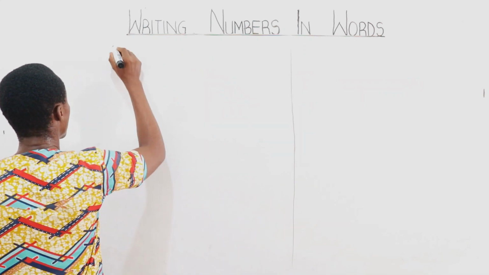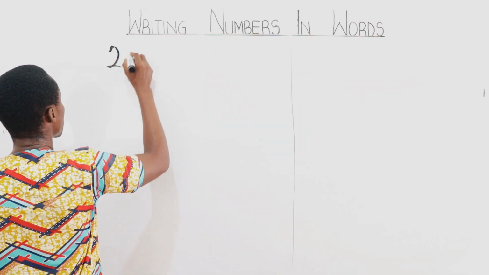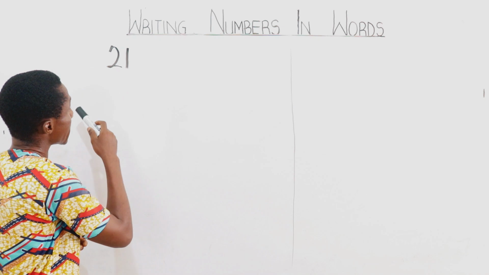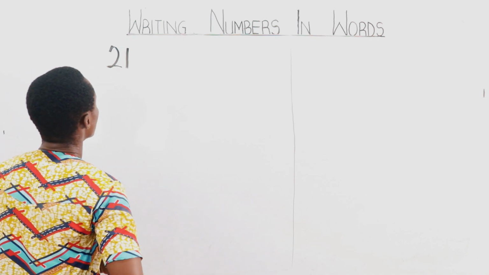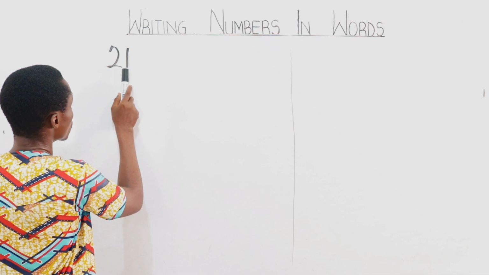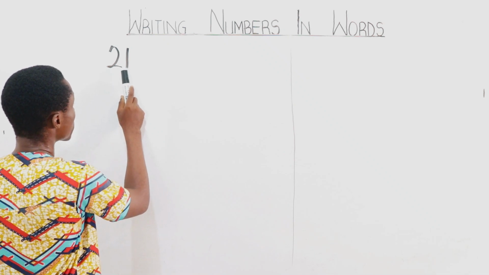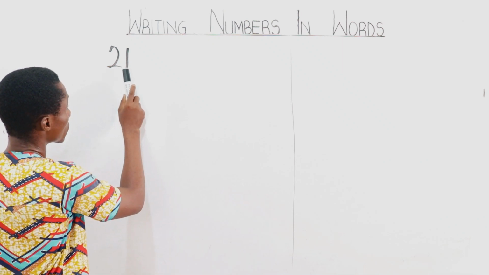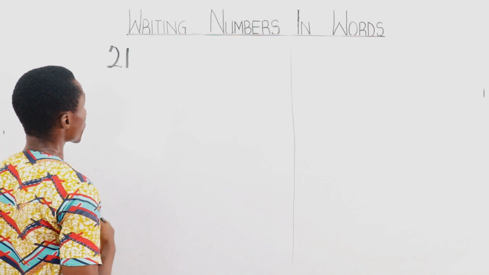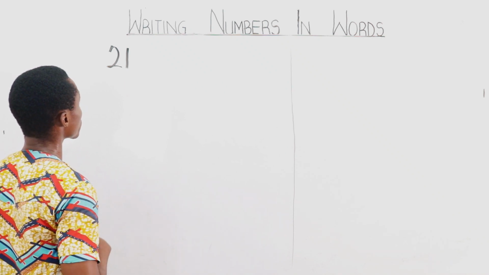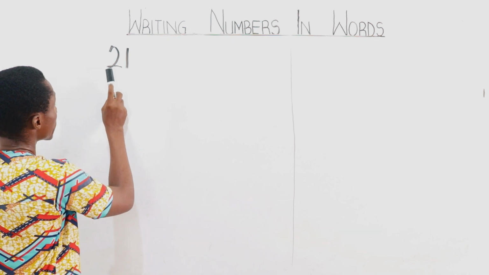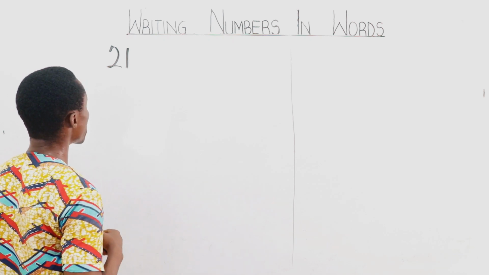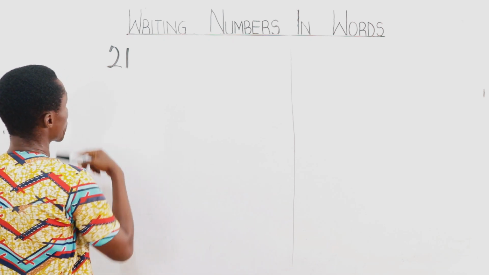And then we will get to know why they are called compound numbers. So the first compound number is 21. Now, when we look at the number 21, we will see that it's made up of two digits, the digit 1 and the digit 2. 1 is in the ones number place, and therefore it has a value of 1. And then 2 is in the tens number place, and therefore it has a value of 20.